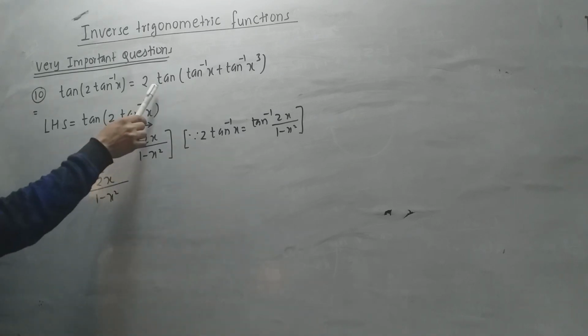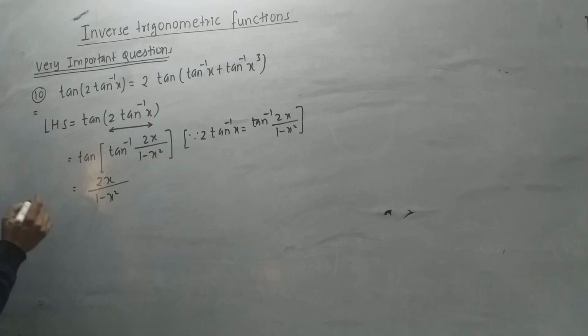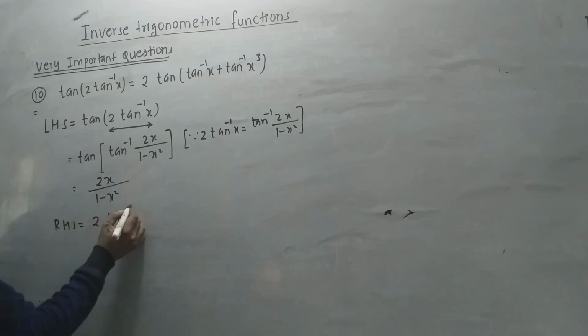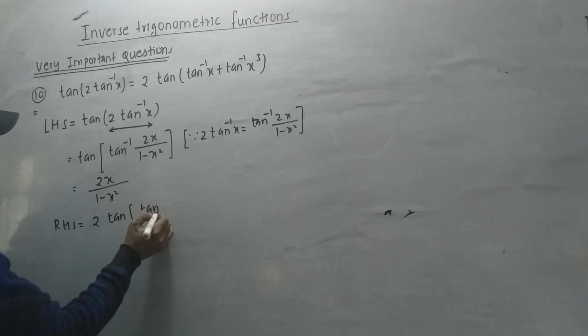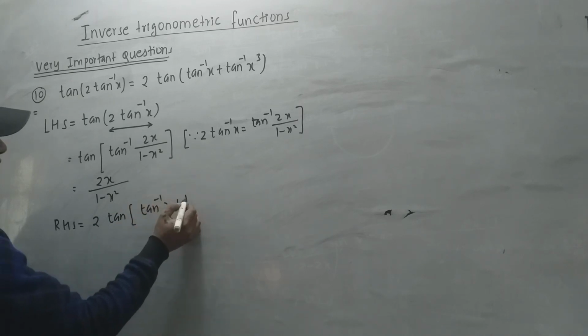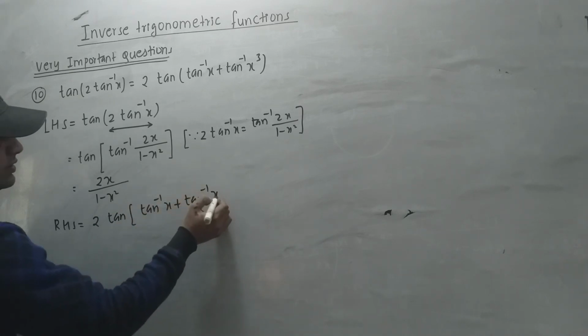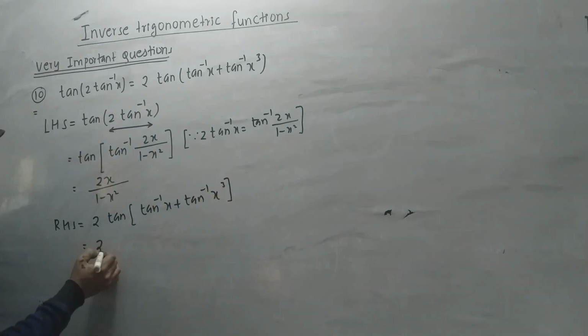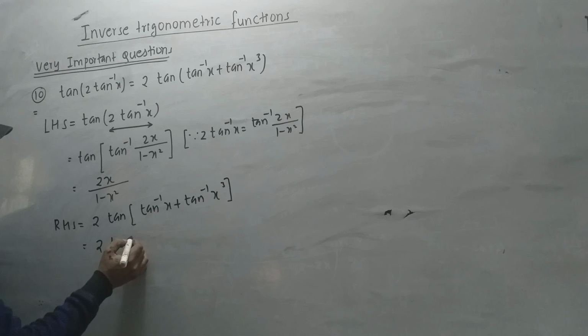But we are not obtaining the right hand side here. So we will equate the left hand side, obtaining the same result. So in the right hand side we are provided with 2 tan inverse x plus tan inverse x cube. Now 2 remains the same, tan remains the same.